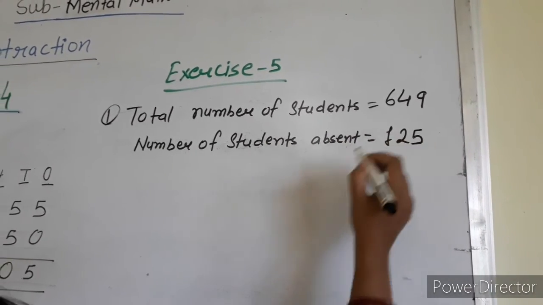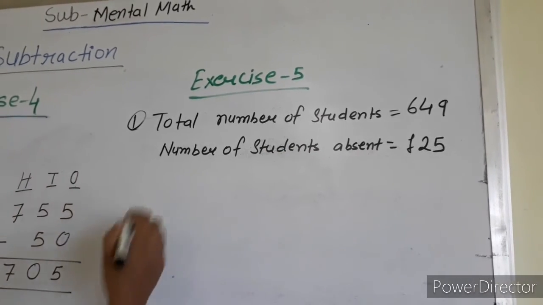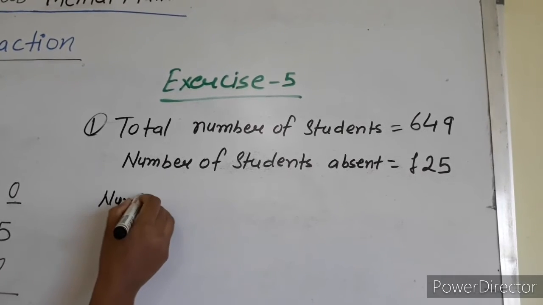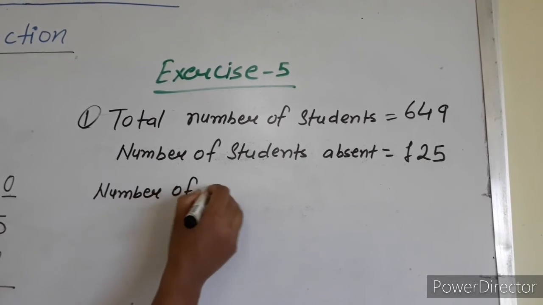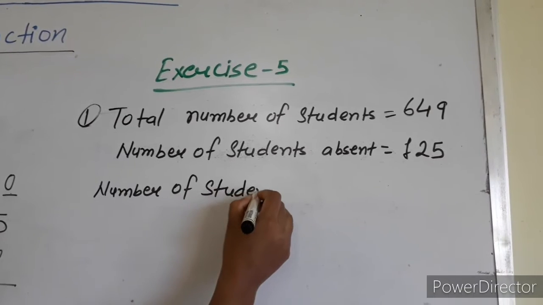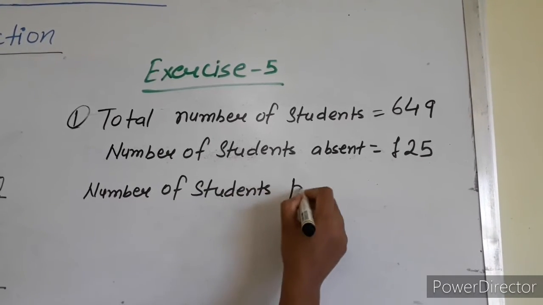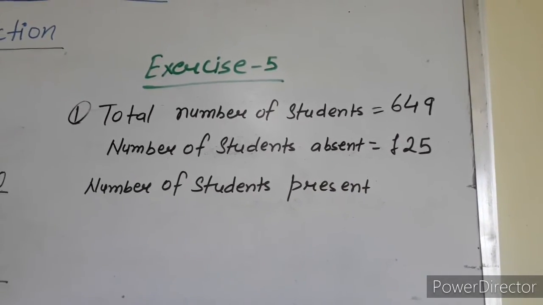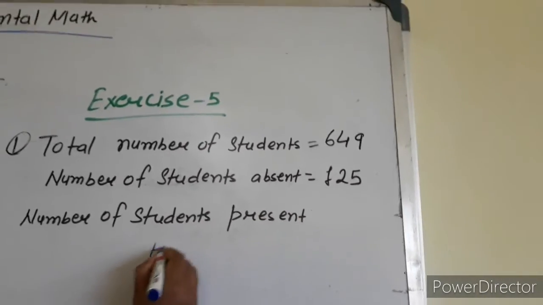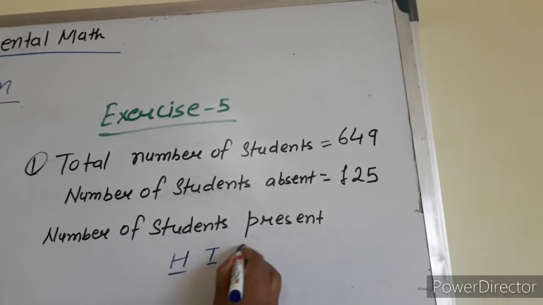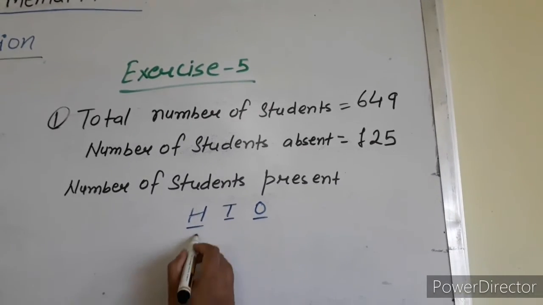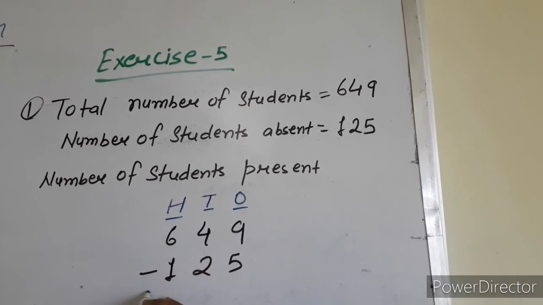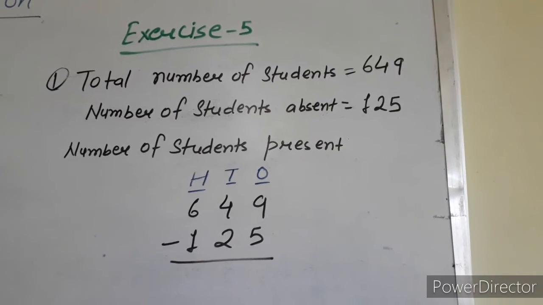Then you have to find the number of students present. Number of students present is 649 minus 125. You have to find the number of students present.